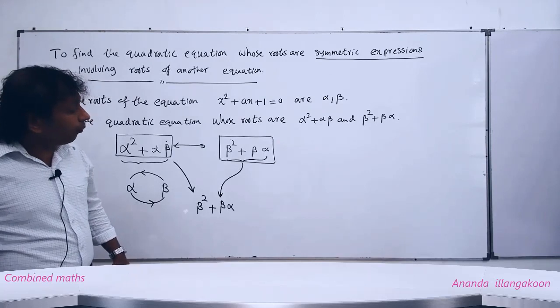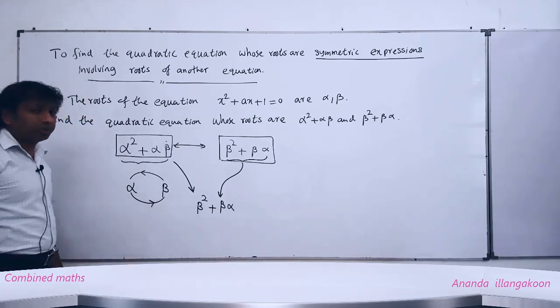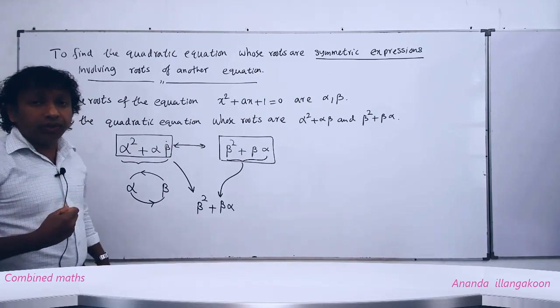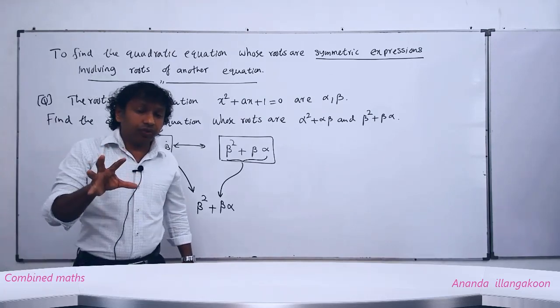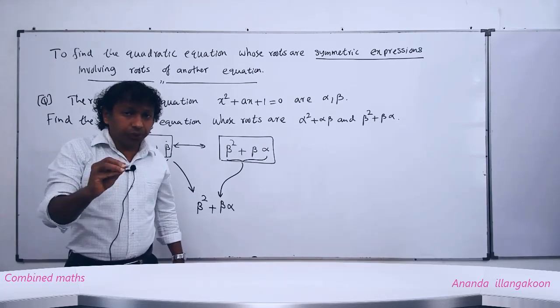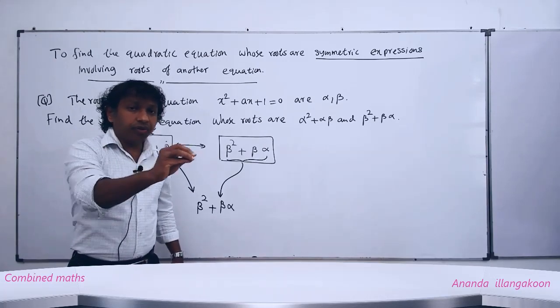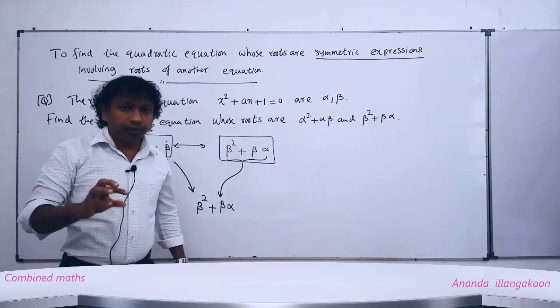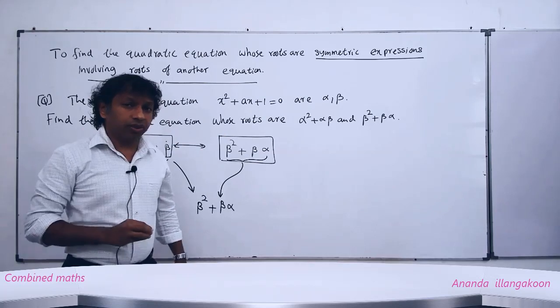Now I'm going to work out this question. In the first method, we learned under theories how, when we are given the roots, to find the quadratic equation. We have done that. Using that theory, I am going to first work out this question.